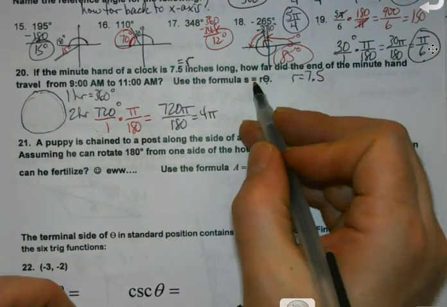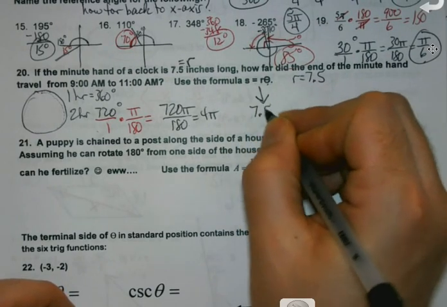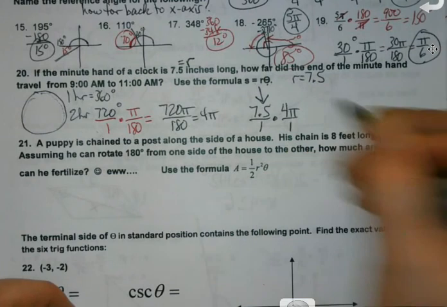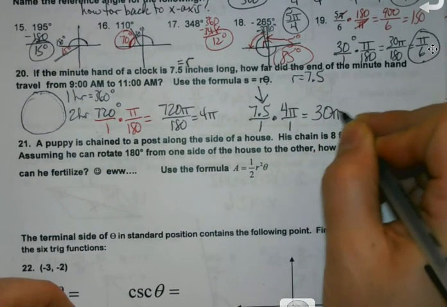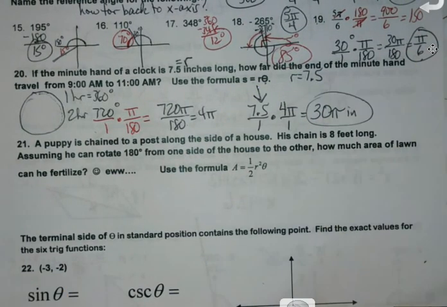So to find my arc length, 7.5 times 4 pi, okay, it traveled 30 pi inches. And if some of you wanted to plug the decimal back in for that, at that point you could.